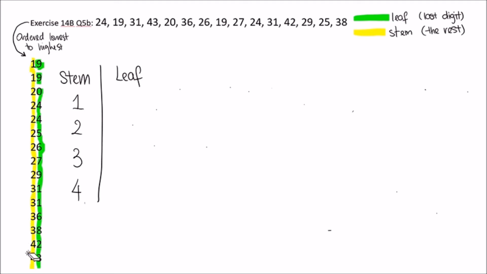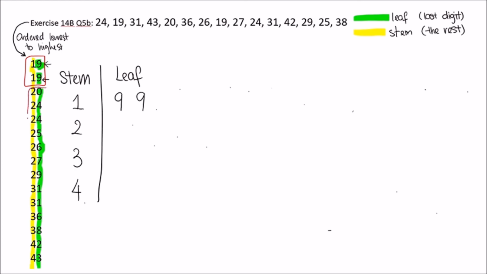Okay, so looking at stem 1 first, we have 2 terms, 19 and 19. So for the first 19, we have a leaf of 9. We highlighted that green already to help us see. Next is also a leaf of 9, and I'll write beside it with a gap in between.